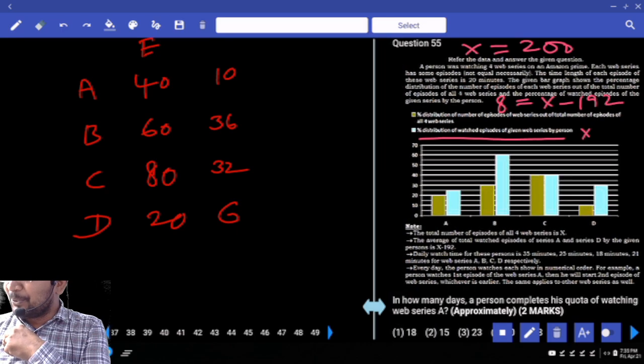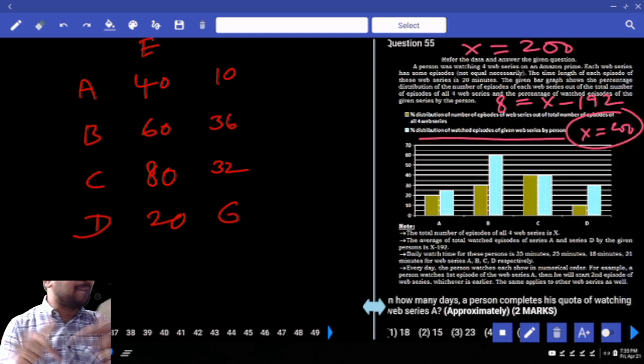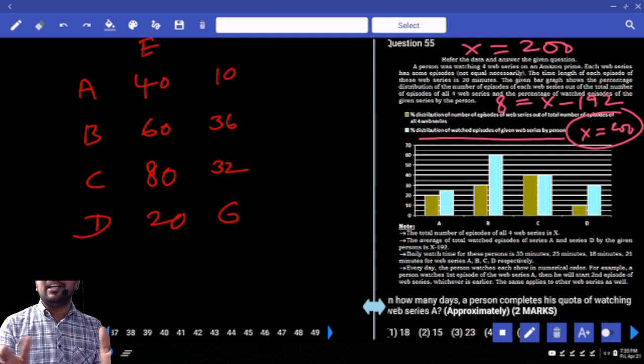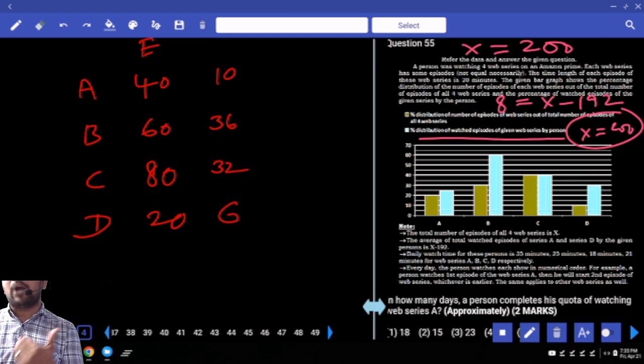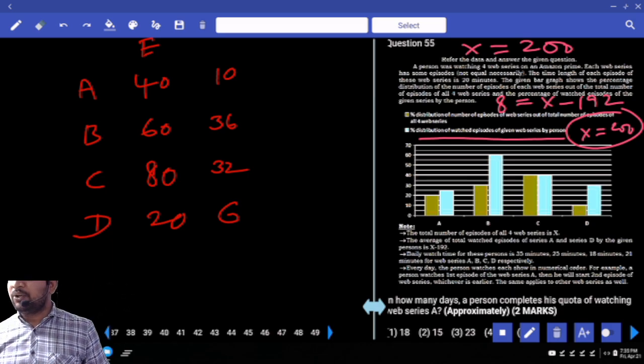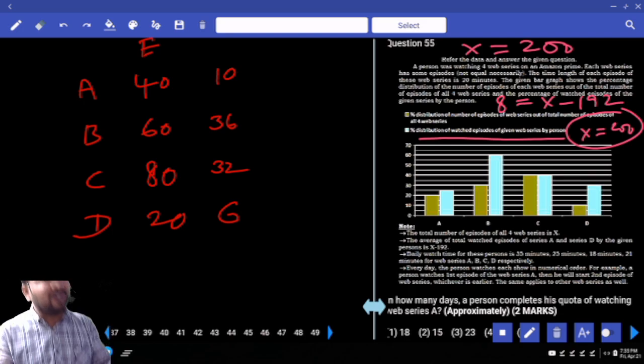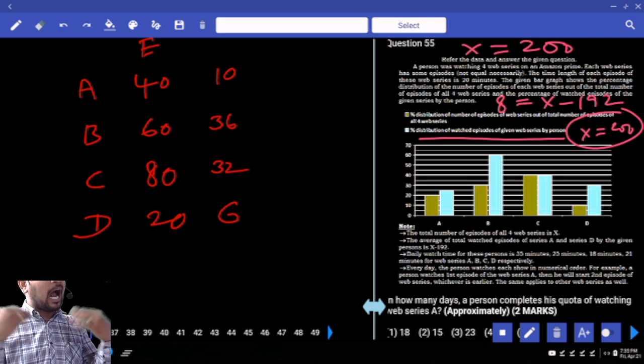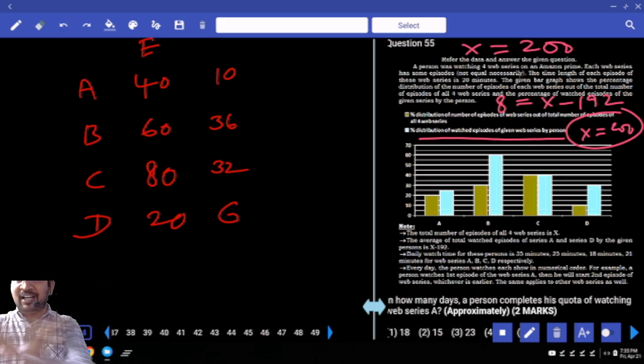Therefore X is equal to 200. Therefore our assumption and the given value are both the same. Are you clear? No need to equate. If it is not the same, then we are going to equate. Here we got the same thing, so there is no need to equate. Therefore the total number of episodes according to the sum and our assumption are both the same.